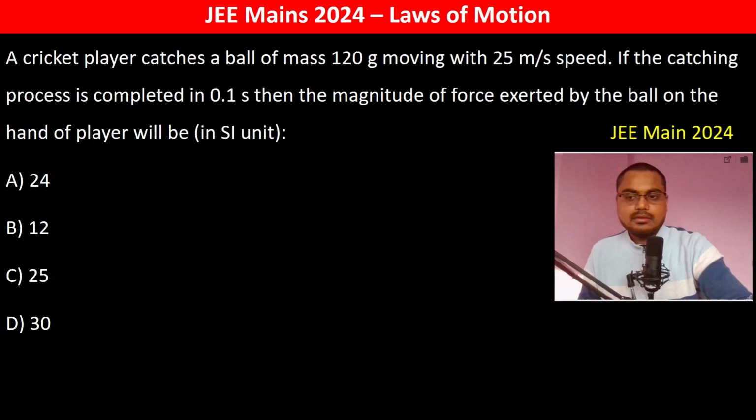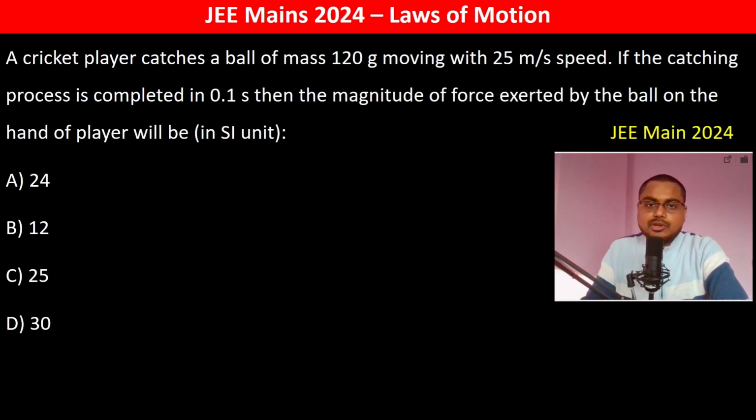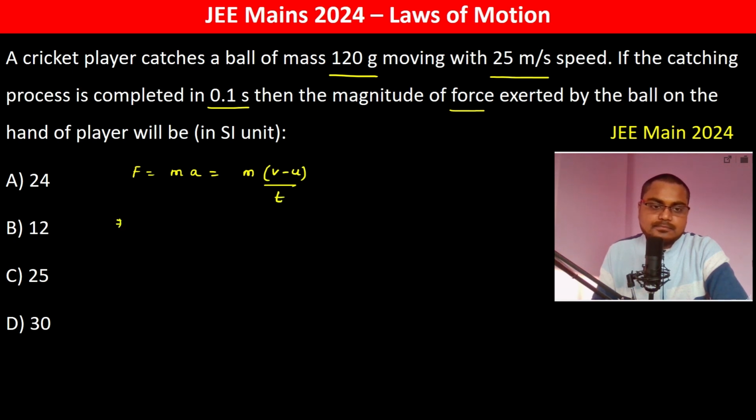A cricket player catches a ball of mass 120 grams moving at 25 meter per second speed. If the catching process is completed in 0.1 seconds, what is the magnitude of force exerted by the ball on that? This is F equals m into a, which is m into V minus U divided by T. So this F becomes 0.12 into V minus U, that is 25 along with a minus sign, divided by T, that is 0.1.